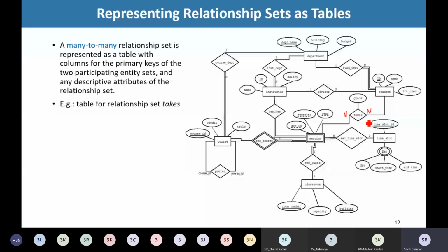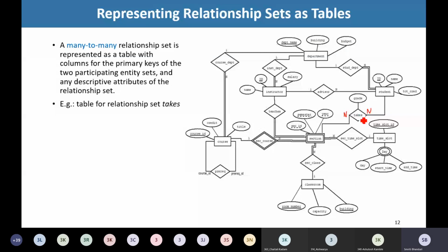Now we are converting this relationship set takes into a tabular form. So how are we going to do that? Once again, we'll be applying the same rule.